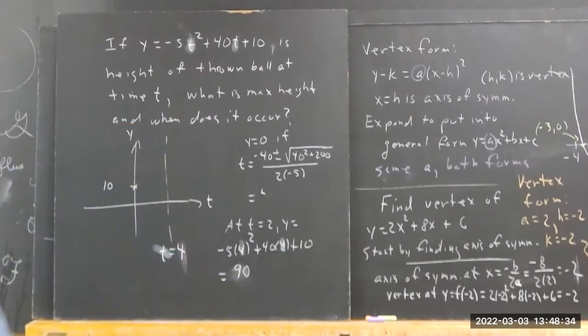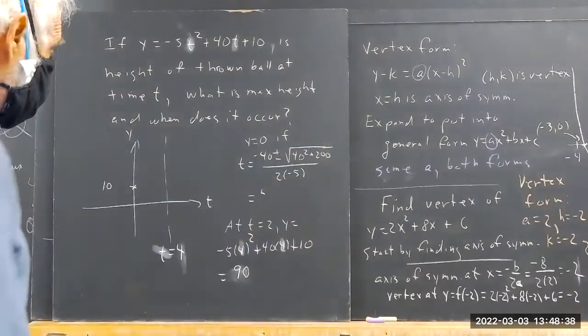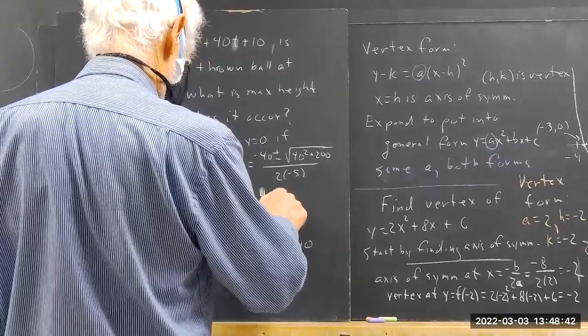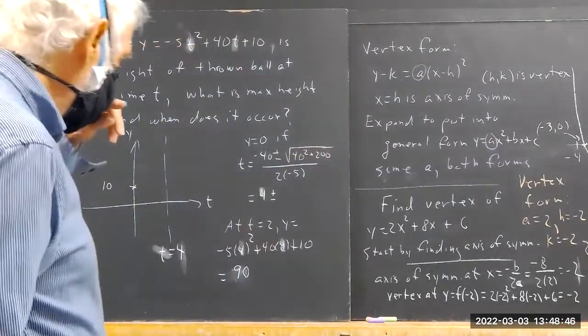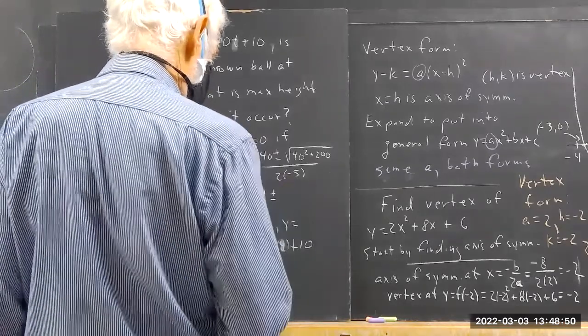That's how you calculate. Now, I'm just doing the same thing I did over here to find the zeros, and this is a 4. That's the square root of 600, which is about 24.5 over 10.